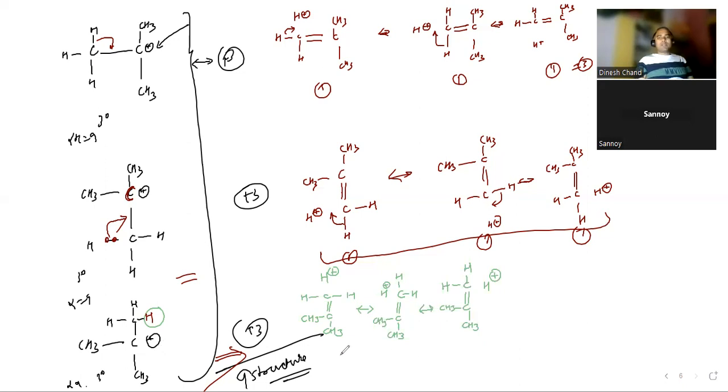Total 9 hyperconjugating structures. Greater the number of hyperconjugating structures, greater will be the stability. Can you understand?